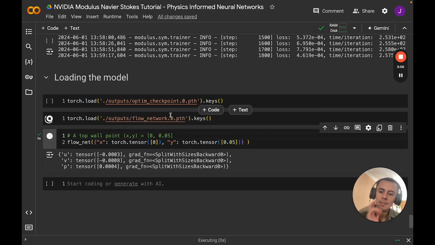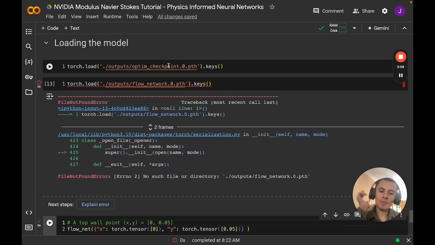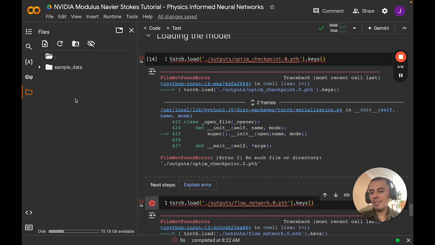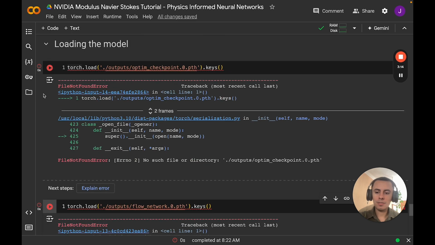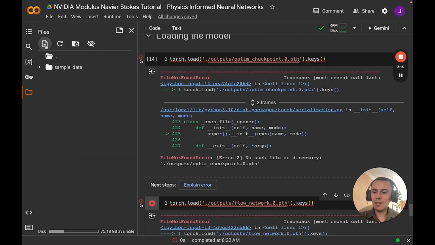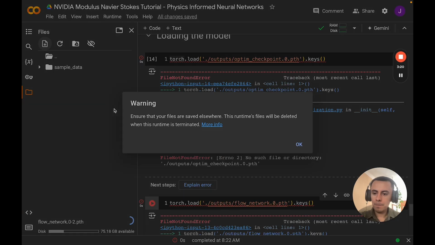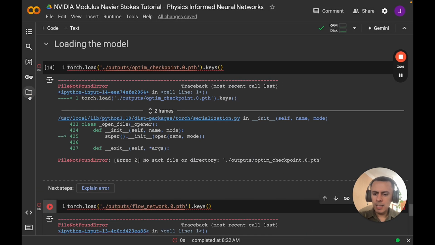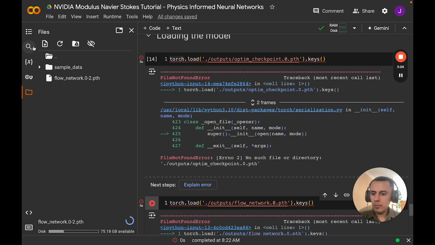But there's no such file, right? It's such a mess. There's no such file because we didn't run the simulation. So I'm going to get it out from my file system. This one. Yeah. So this is the one I care about. I'm not sure I have the checkpoint file. Hopefully I do.